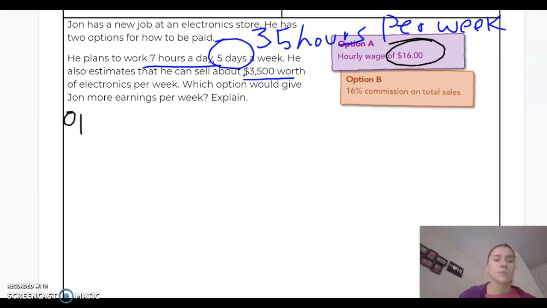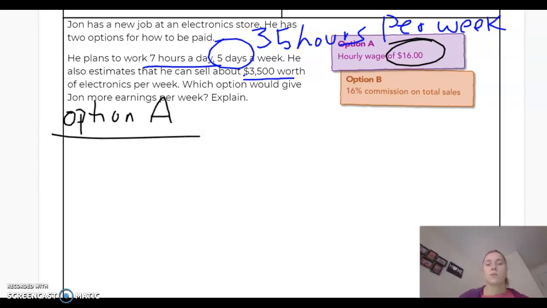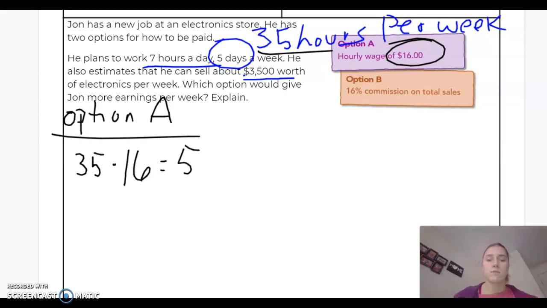We've got option A. So we already determined up here 35 hours per week because we multiplied 7 times 5. So all we have to do there is our 35 times our $16 per hour. Okay, when we multiply those two together, we get 560.